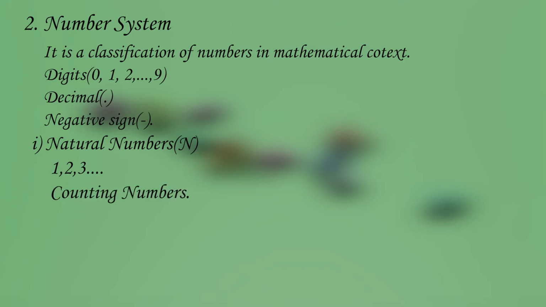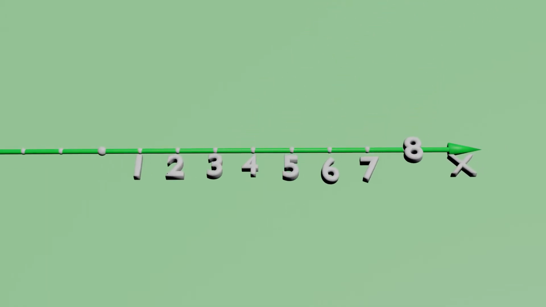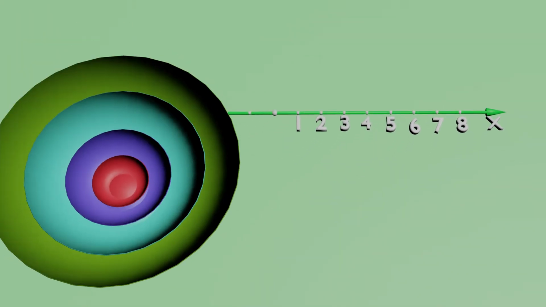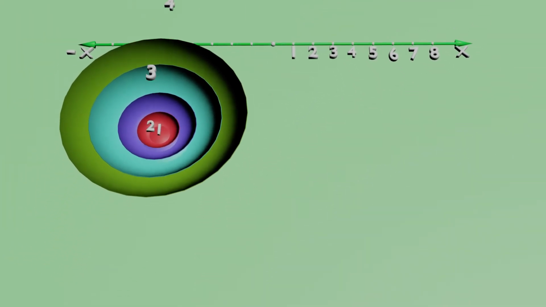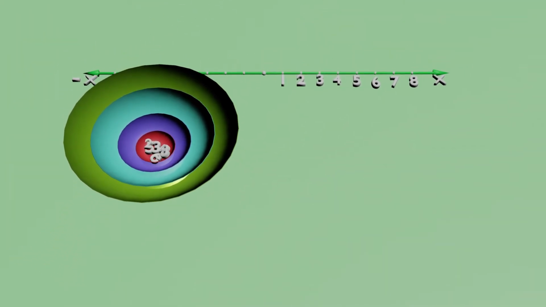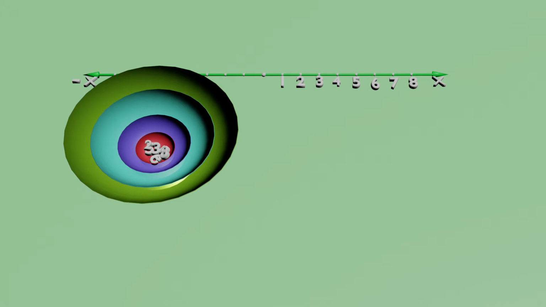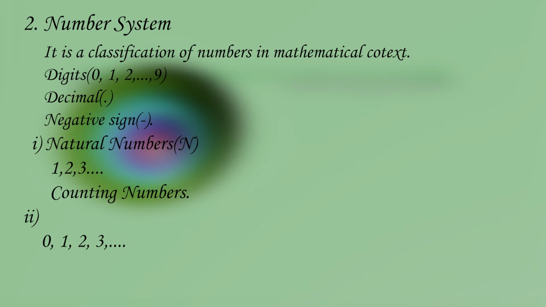Now, I am going to put these numbers on the number line. And thus the numbers in the red basket are natural numbers. Now we are going to add 0 prior to the natural numbers.